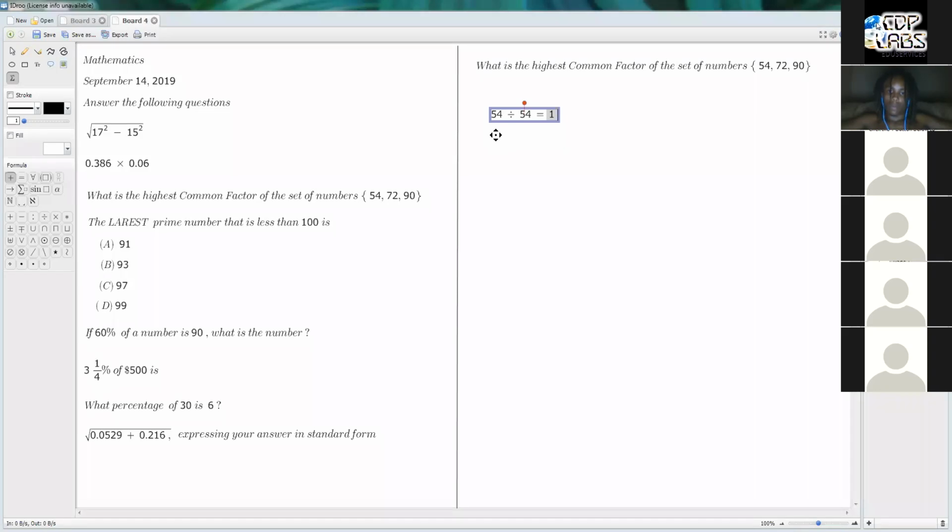One is also a factor of every number. So please bear those two things in mind. All right? So 54 divided by 1 equals 54. Now, we have two factors of 54 already: 1 and 54, right? Yes, sir.